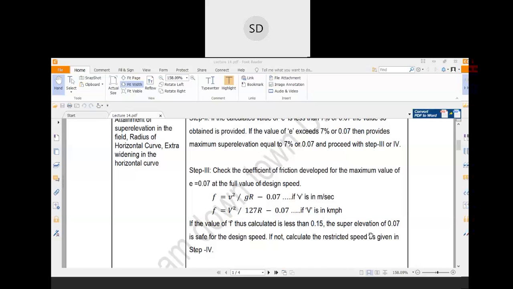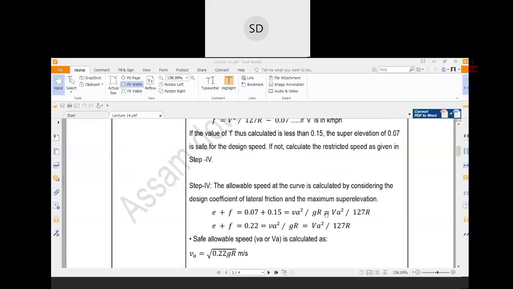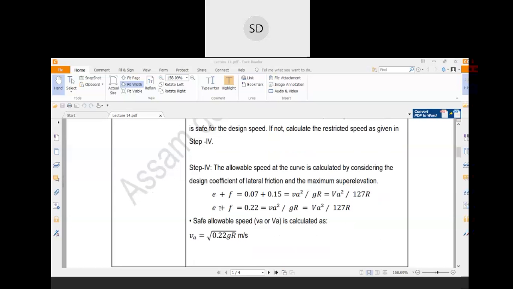Okay, now if it is more than 0.15, then you have to go for step number 4. In step number 4, you will put the value of E as 0.07 and the value of F as 0.15, and you have to find out what is the speed value.